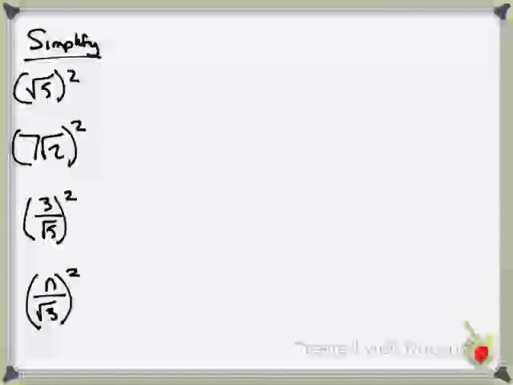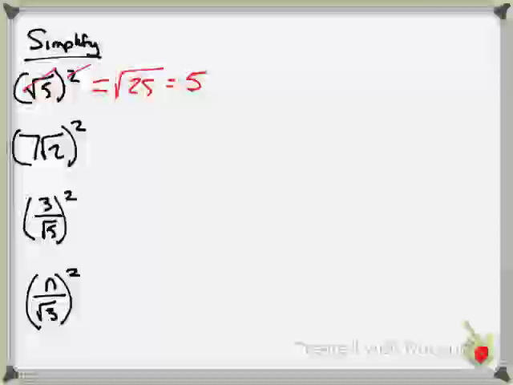To simplify a square, if I have the square root of 5 squared, what will I get? 25. I'll get the square root of 25, which is 5. Okay? A square and a square root cancel each other out to leave what was inside. So squaring the square root of 5 will give us 5.